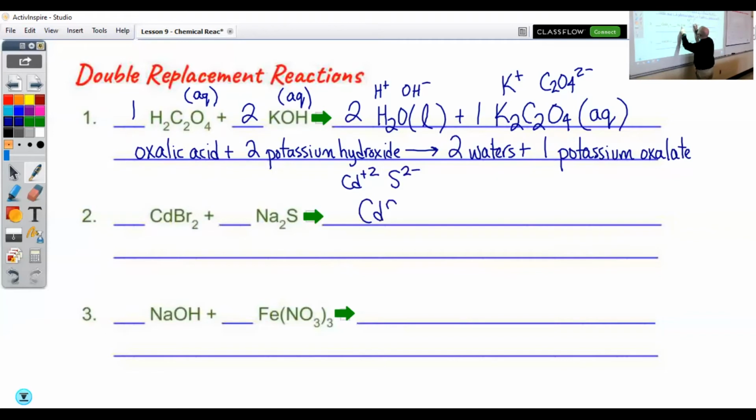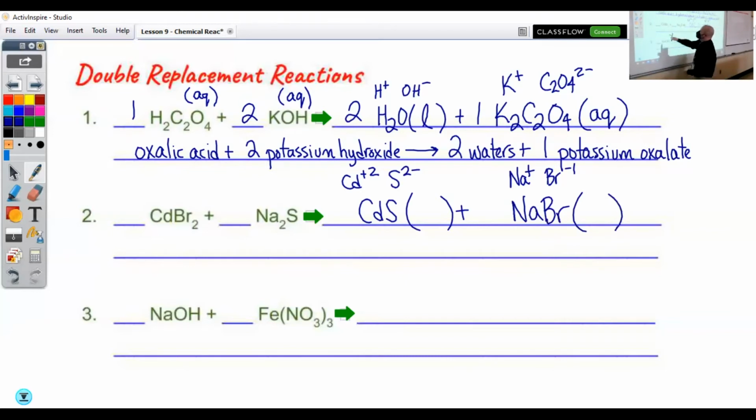So we'll get CdS as our product. For the second product, we'll take the Na from sodium sulfide and the bromide, +1 and -1 charges. We'll combine those to get sodium bromide, NaBr.